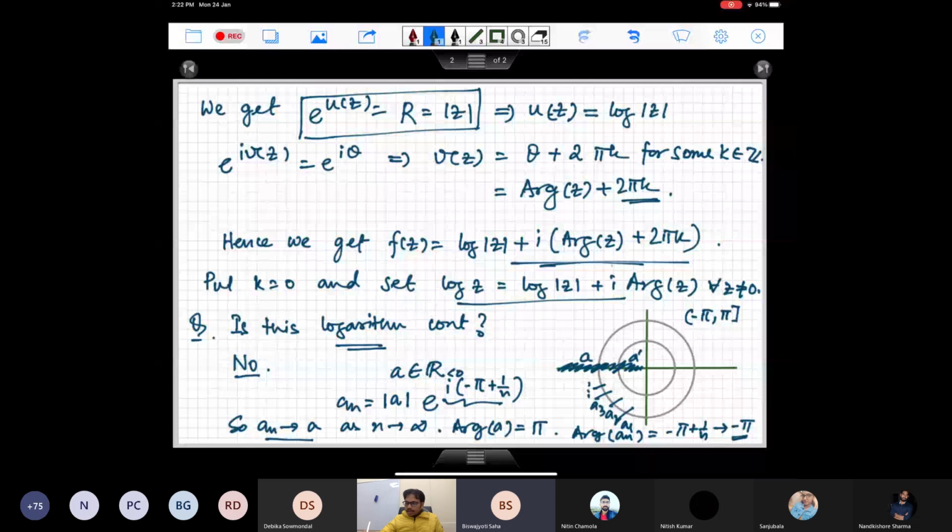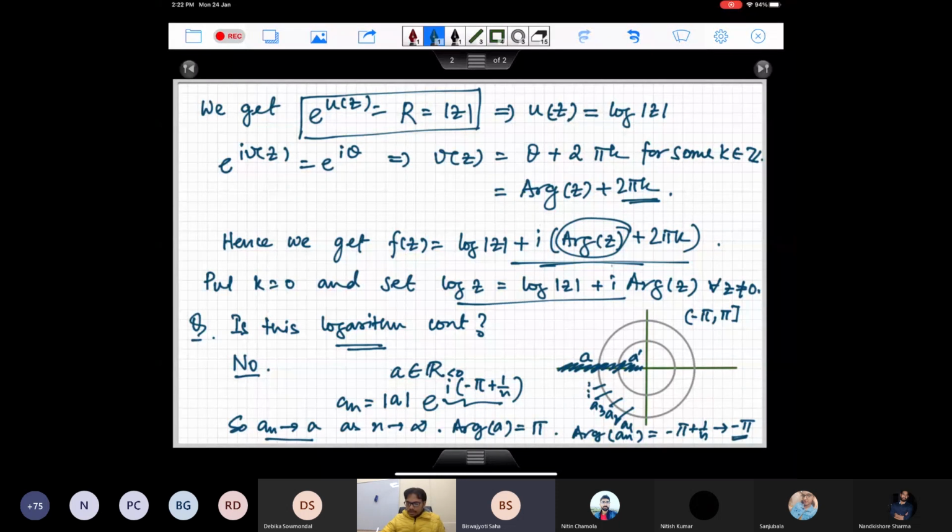Now, of course, you might say that, sir, you had taken a specific choice here, k equal to 0. So you yourself tell me, if instead of only the argument I had added 2 pi k, let's say 2 pi or 4 pi or 10 pi, would there be any difference?